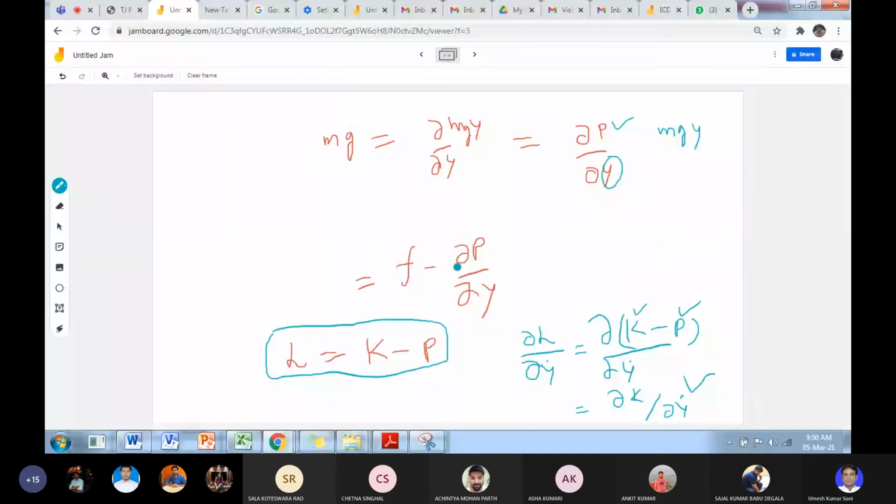This is del p upon del y you have determined. Now we have defined a Lagrangian by L equal to k minus p. So what is the derivative of Lagrangian with respect to y dot term? This is equal to a derivative of this.